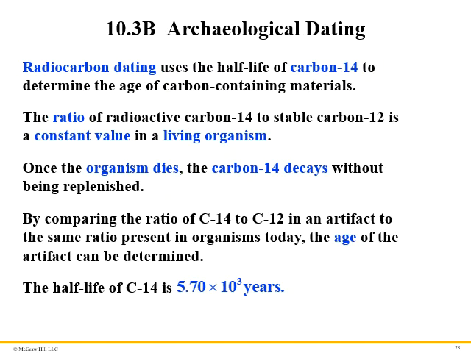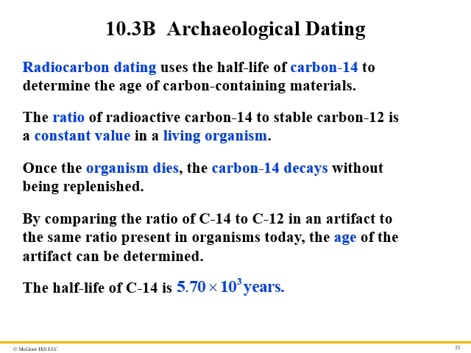Radiocarbon dating uses the half-life of carbon-14 to determine the age of carbon-containing materials. The ratio of radioactive carbon-14 to its more stable counterpart, carbon-12, is constant in every living organism. Once the organism dies, that carbon-14 starts decaying without being replenished, right? So in our case, we have a very specific amount of carbon-14.